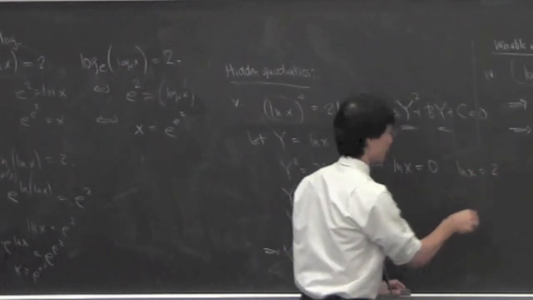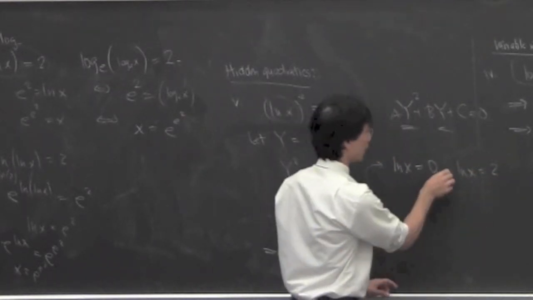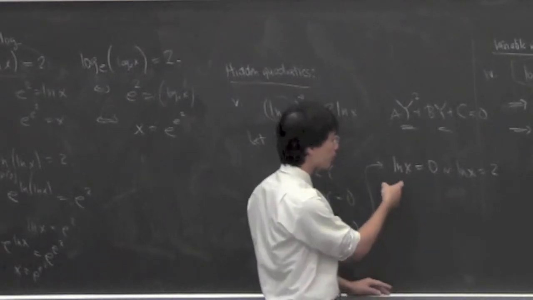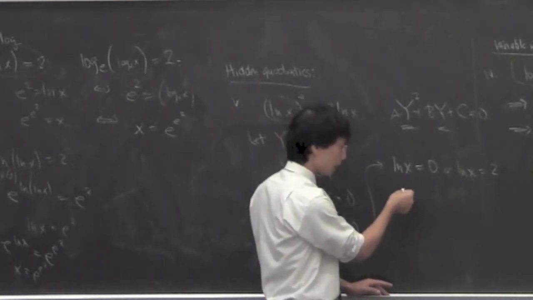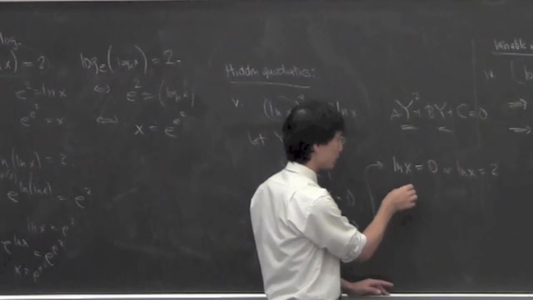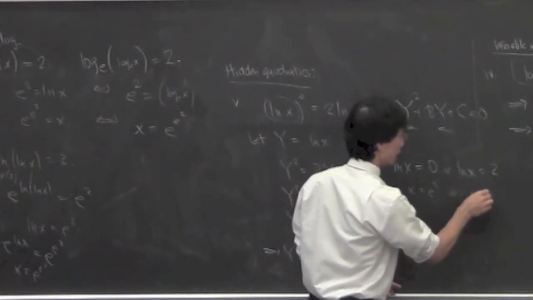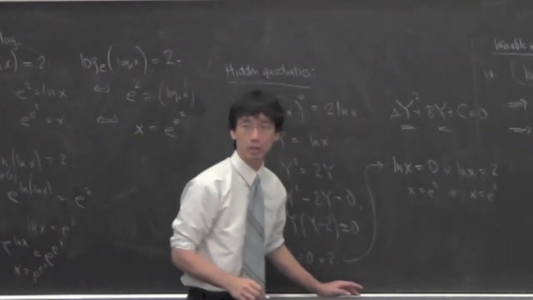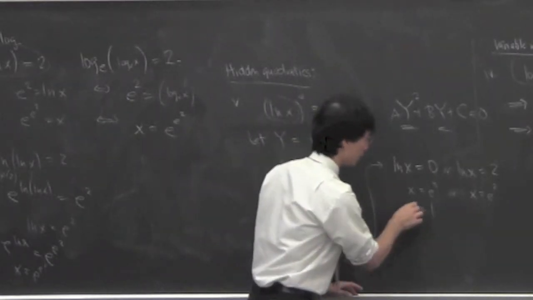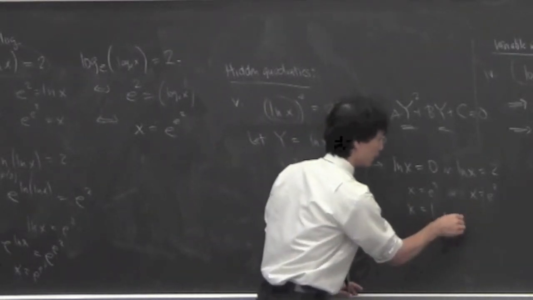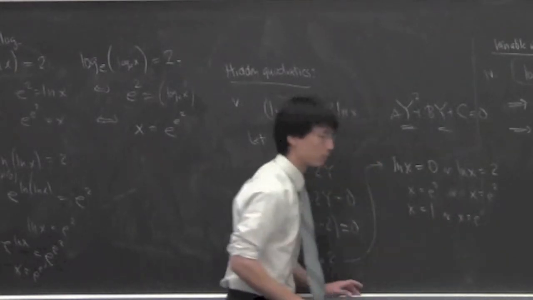Natural log of x is 0, or natural log of x is 2. So we take e to both sides, right? So we get x is equal to e to the 0, or x is equal to e squared. x is equal to 1, or x is equal to e squared.